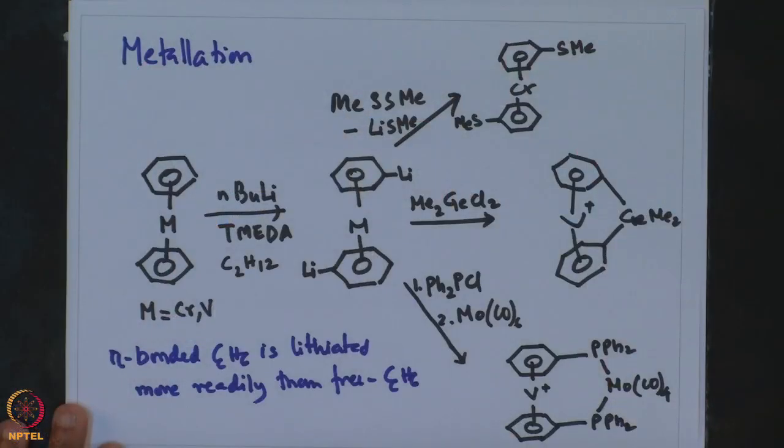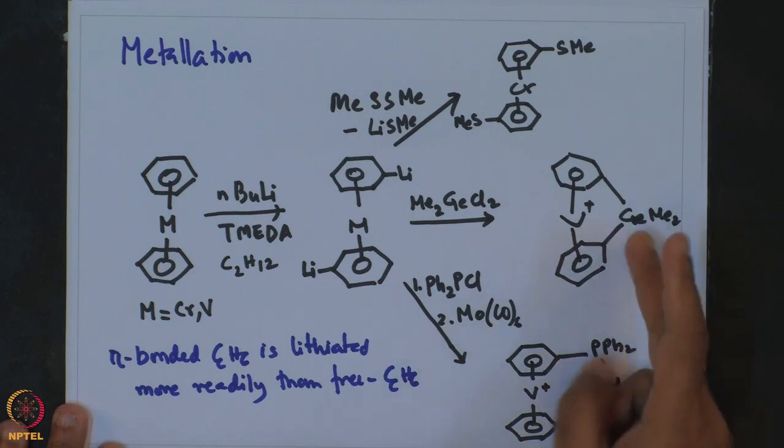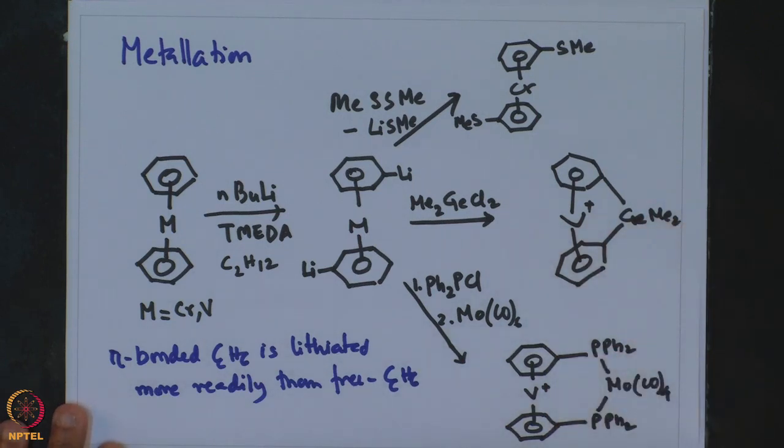In one for chromium, substitution leads to asymmetry on the ring. For vanadium, an ansa type complex of dimethylgermanium or a dinuclear vanadium molybdenum complex with substitution on the ring can be achieved as is shown over here.